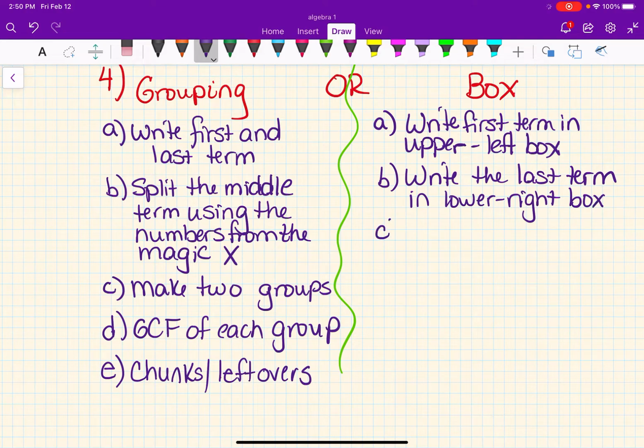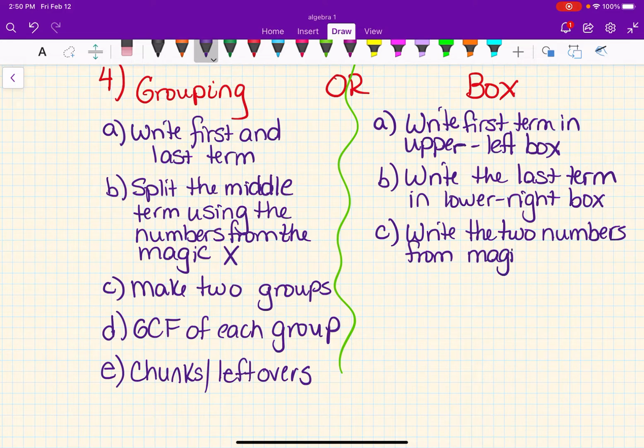Then the next step is write the two numbers from your magic X with a variable in the empty boxes.